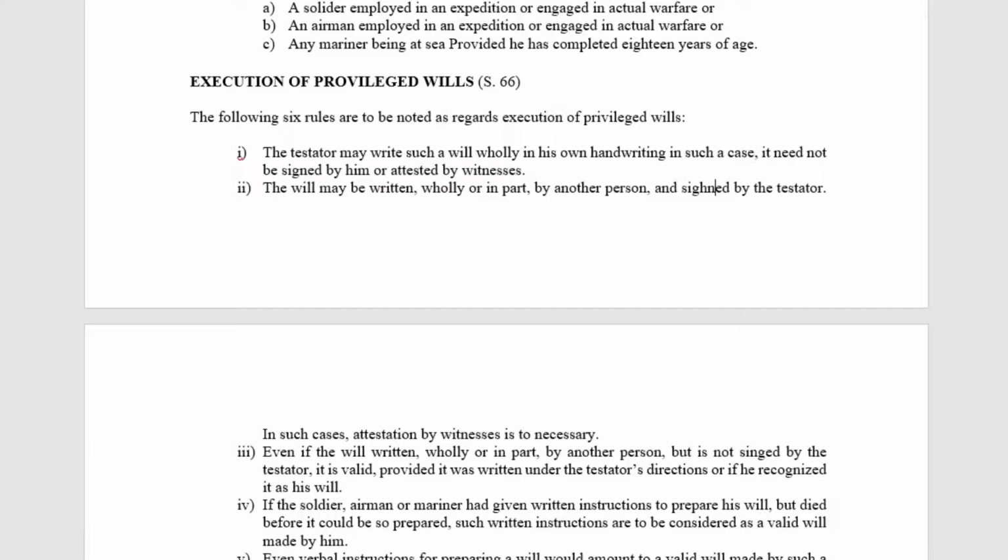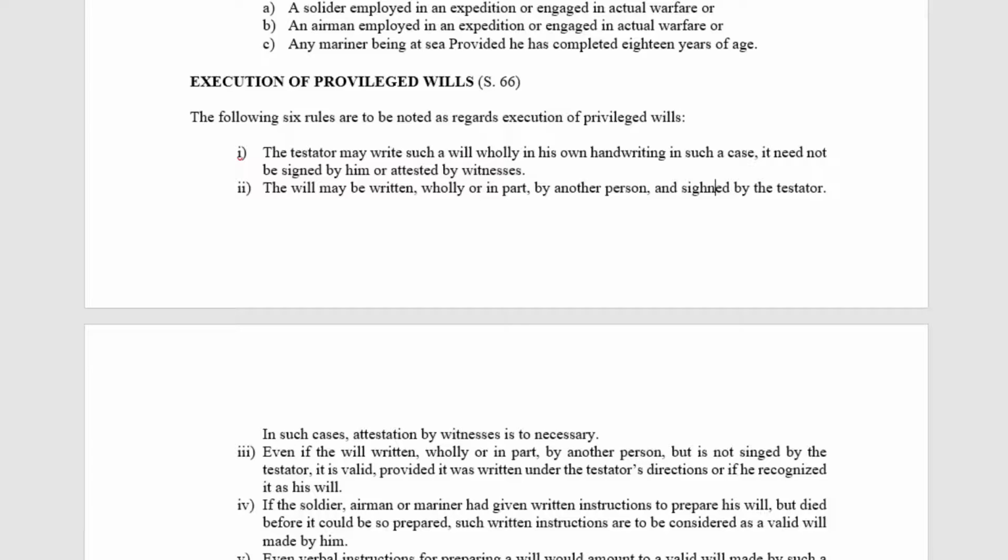At that time, the person who comes under this special category of the privileged will gives complete direction to some person to prepare the will. But if the testator dies before completion of that will, what is the validity of that will, and will it be valid in nature?